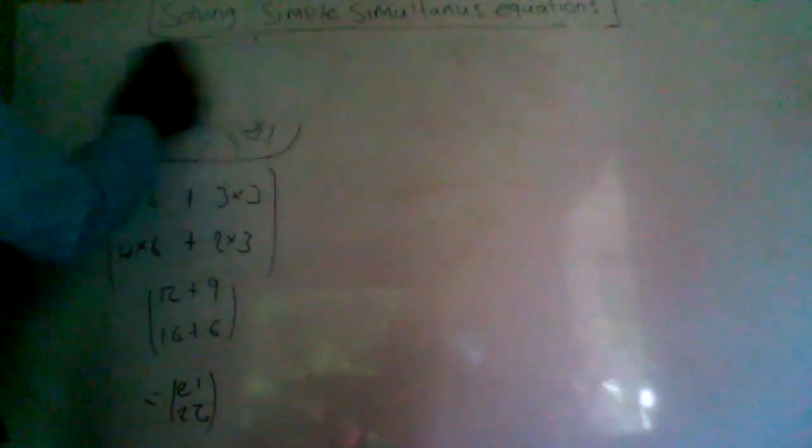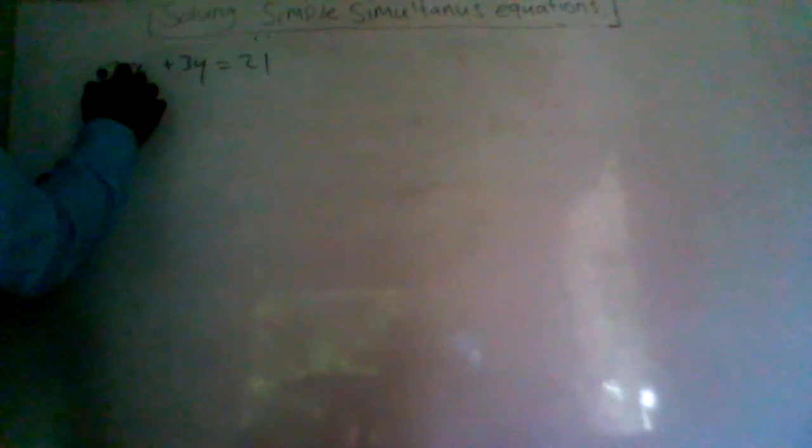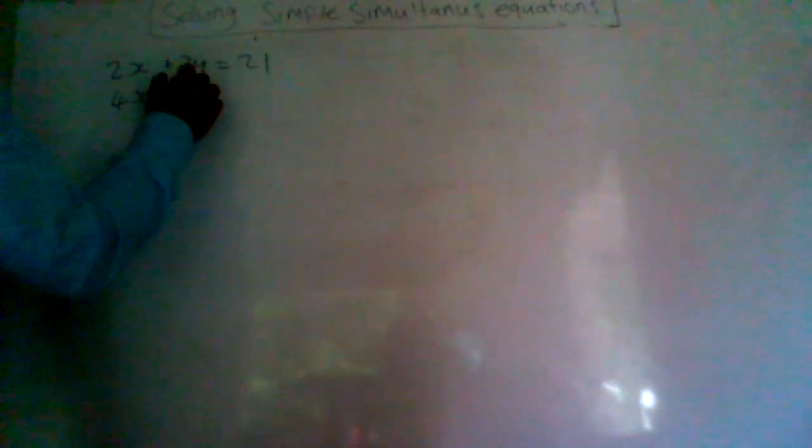So now we'll go ahead and try to solve a simultaneous equation using the matrix method. The simultaneous equations that we'll solve will be 2x plus 3y equal 21, and we'll also have 4x plus 3y equal 27.